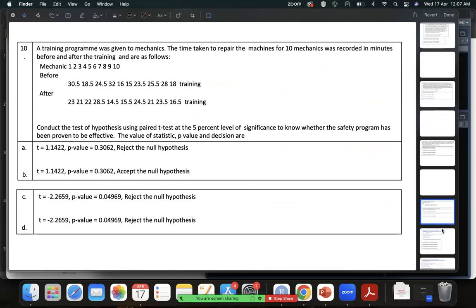Okay, next question is also very similar to the previous one, except that I think this is 1, 2, 3, 4, 5, 6, 7, 8, 9, 10. So yeah, this is two sample dependent.